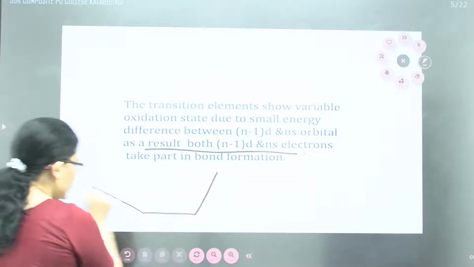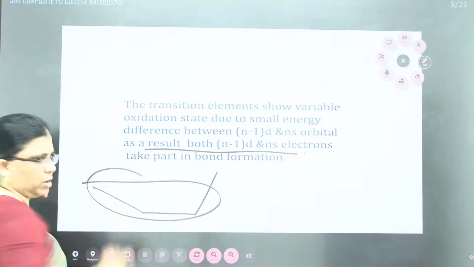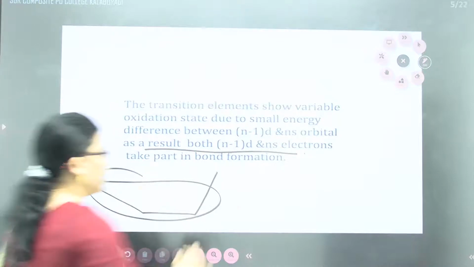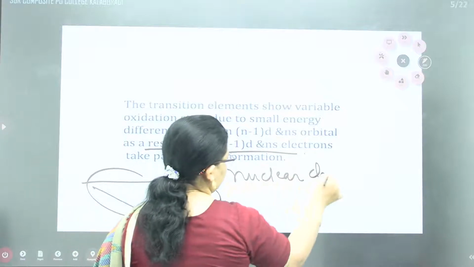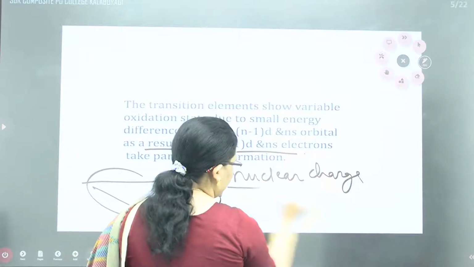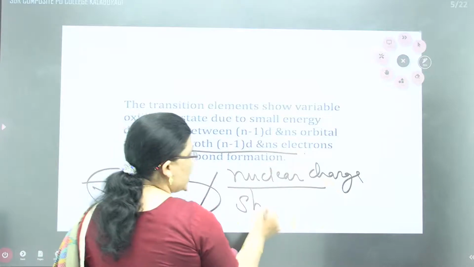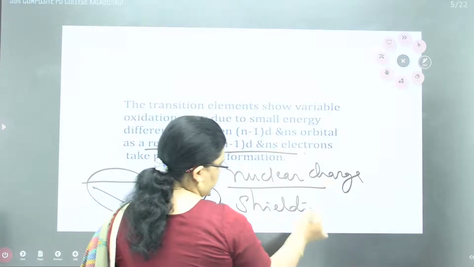What is the reason for all these variations? The reason can be written either on the basis of the nuclear charge or with respect to the shielding effect. One by one we'll consider.